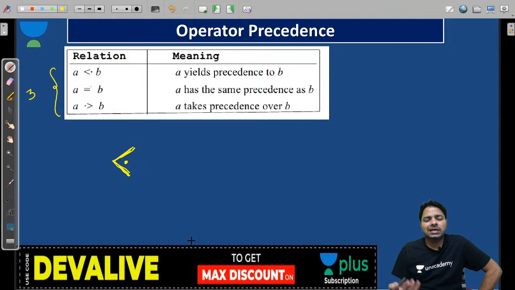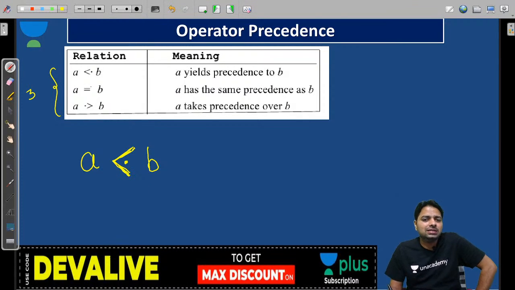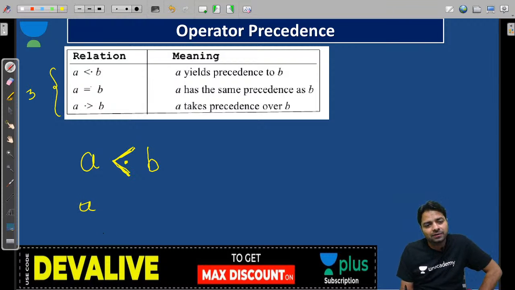If you want to treat them as operators, depending on the grammar, you can. So when somebody writes A is less than B with a dot, that means A yields precedence to B, and it means A has less precedence than B.